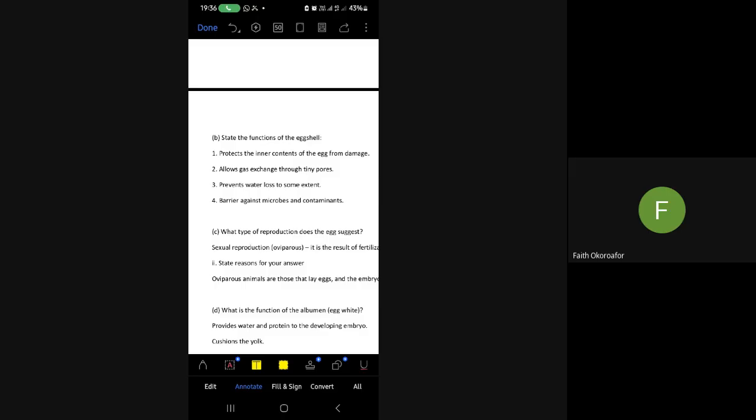So if the egg is a fertilized egg, fertilization must have taken place before it is even covered with the shell. Do you get it? Yes, ma'am. All right. But not all eggs are fertilized eggs. If the female animal that laid that egg does not copulate, the egg will not be fertile.